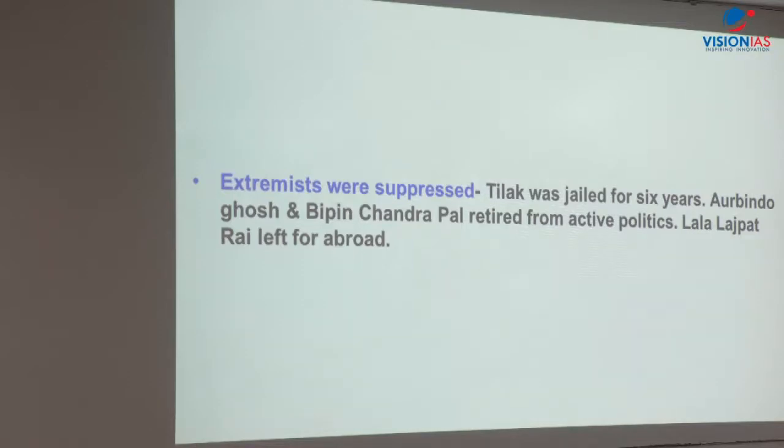So the top leadership of the extremists was wiped out in a very small time. This meant that the extremists, who enjoyed mass support, were taken away. So the masses were left without a leader, and the moderates never enjoyed very high mass popularity.